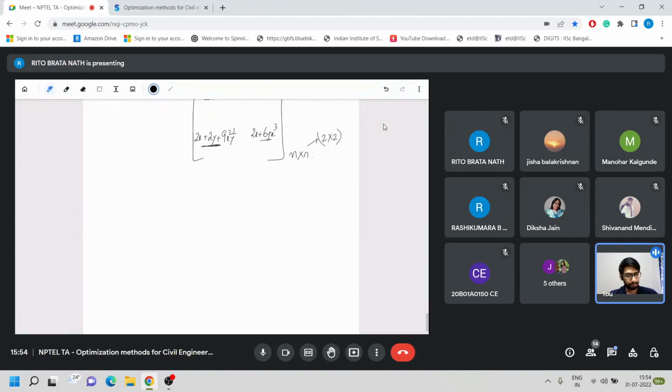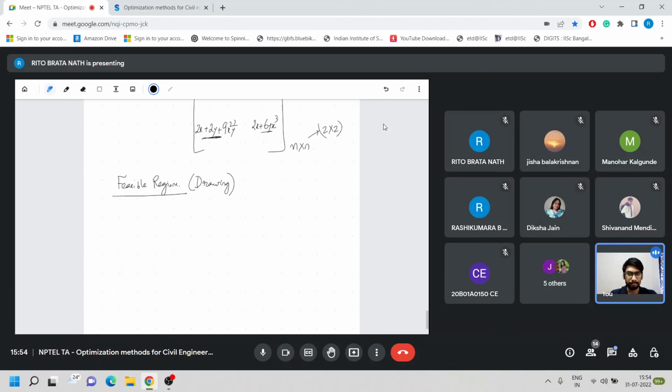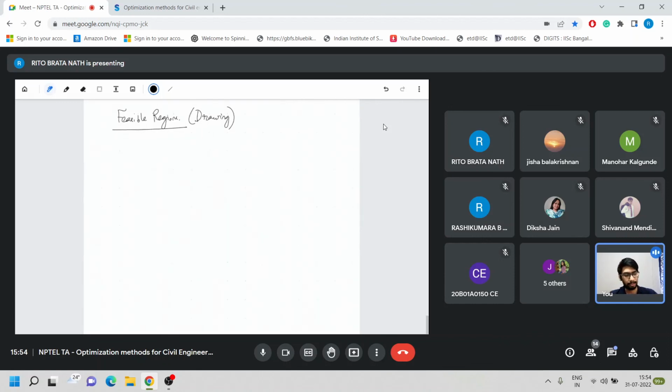One thing I still wanted to discuss is the drawing of feasible regions. I think you will get some questions related to this as well. This was there in your week zero assignment too. You are given some equations, say x plus y less than or equal to 2, then x minus y greater than or equal to 3.